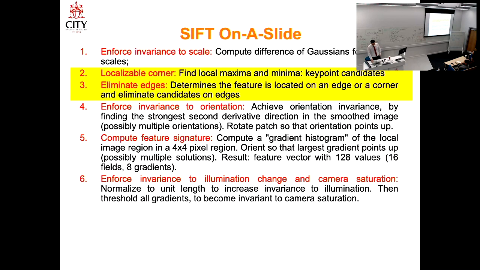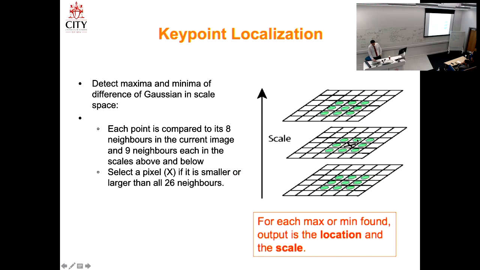So what I do is I look at my image, and for every pixel, look at 8 neighbors in that scale and 9 above and below. And if that pixel value here is less or more than all other neighbors, I see this is probably an important one, right? Because this is probably a very sharp value here.